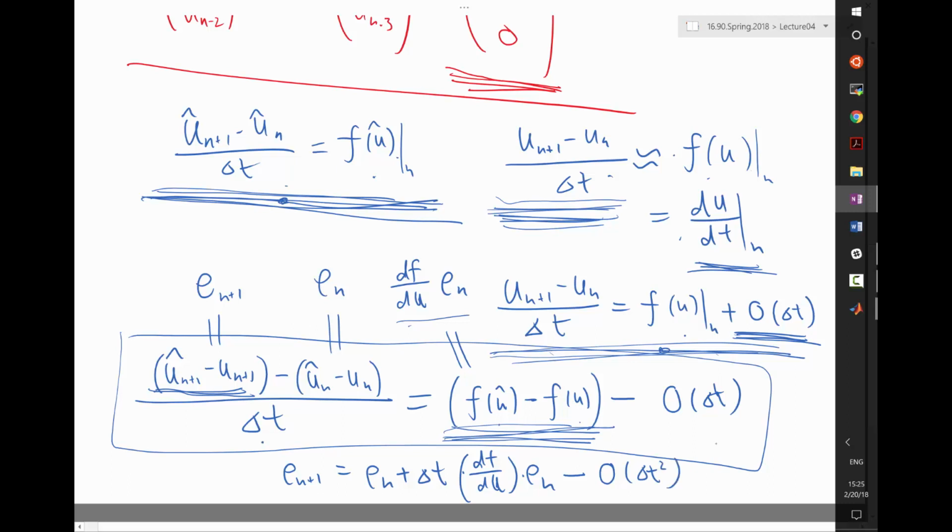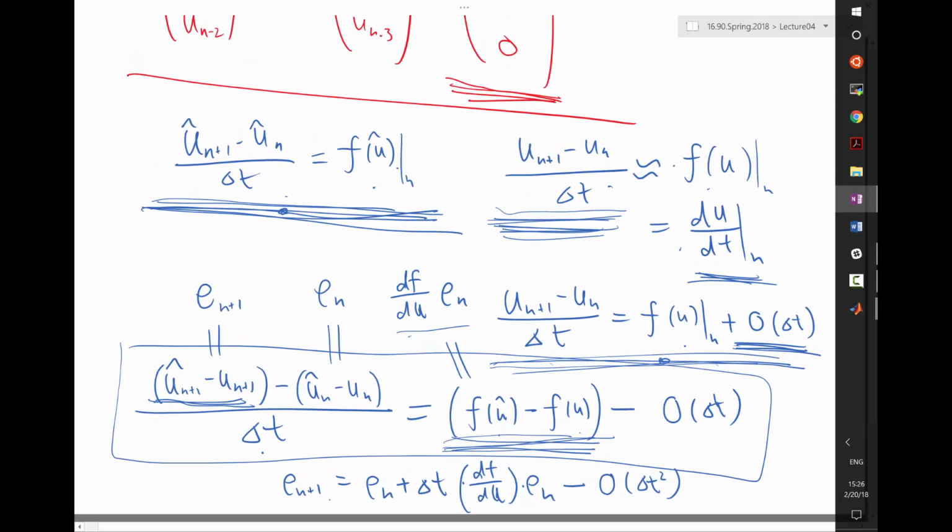Delta t squared. All right. So what does that mean? That means every time I perform this forward Euler, I get an accumulation. I get an additional error, that is O(delta t squared), that contributed from this very time step.